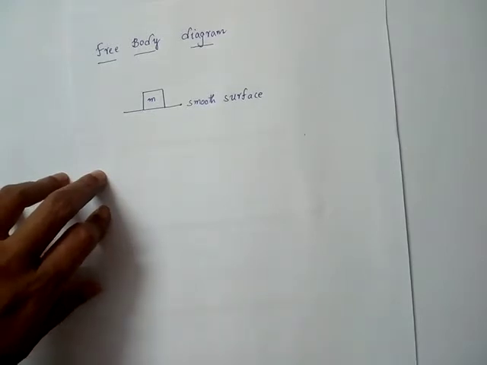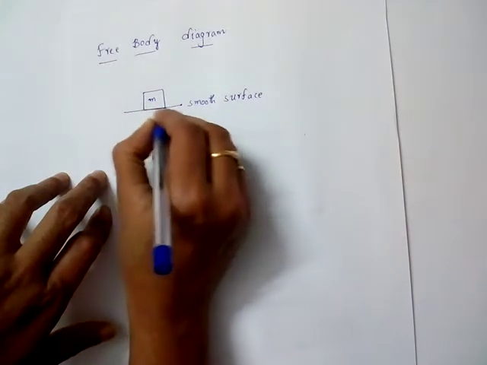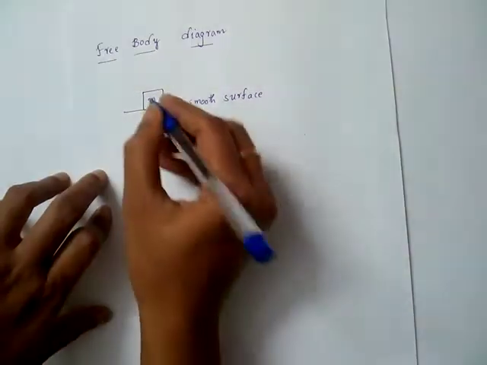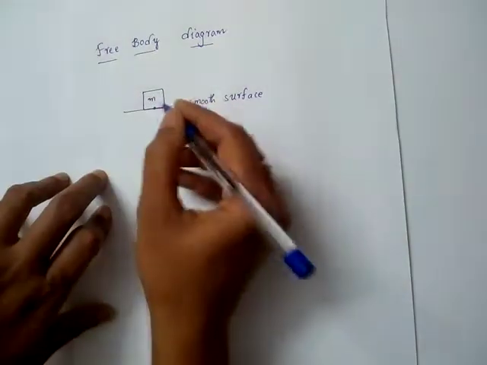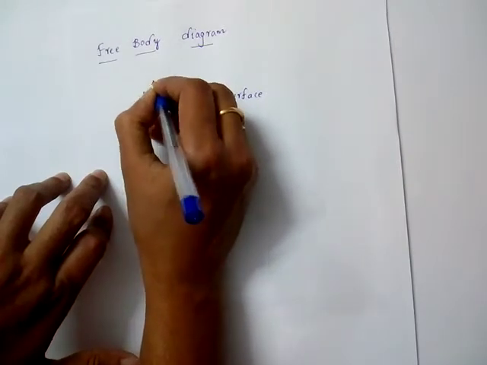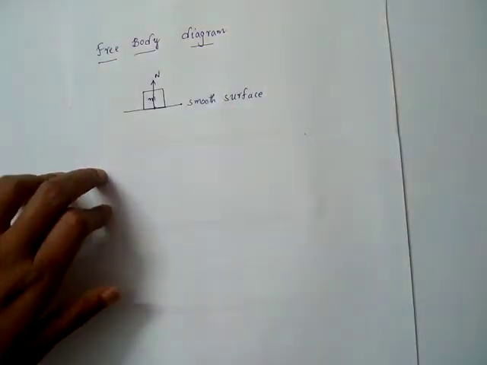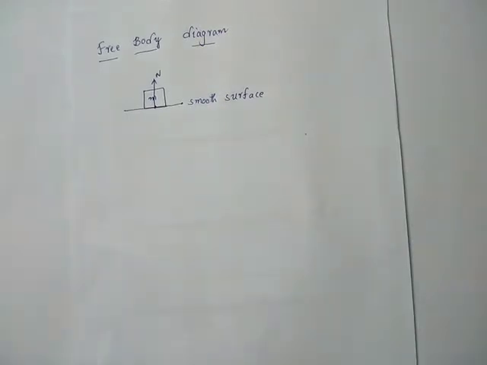What are the forces acting on this? As the block is in contact with the surface, there will be normal force acting on the block by the surface. Okay, so normal, remember when I am telling normal, it is 90° with the surface. It is useful everywhere in physics, even in mathematics.